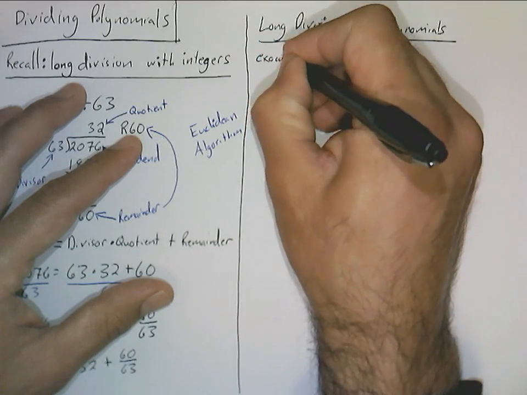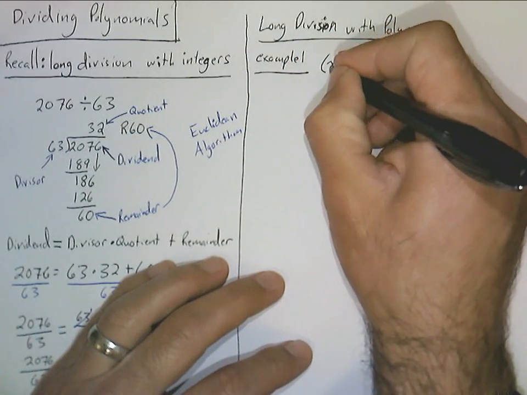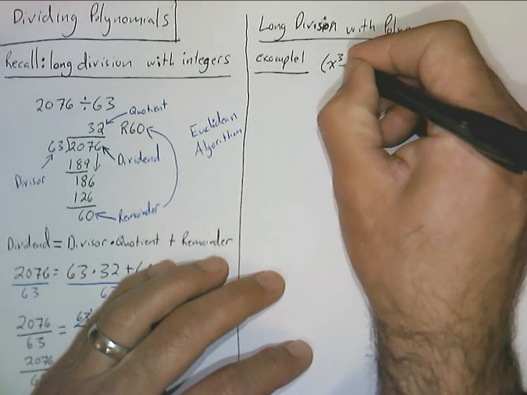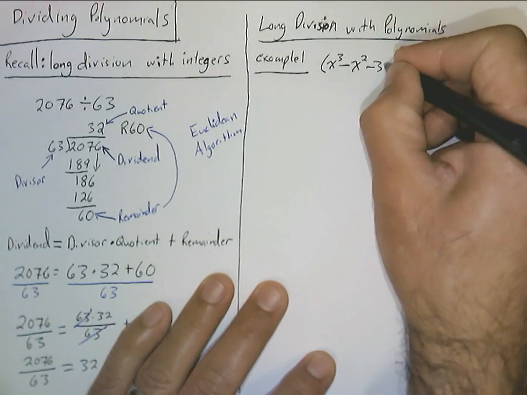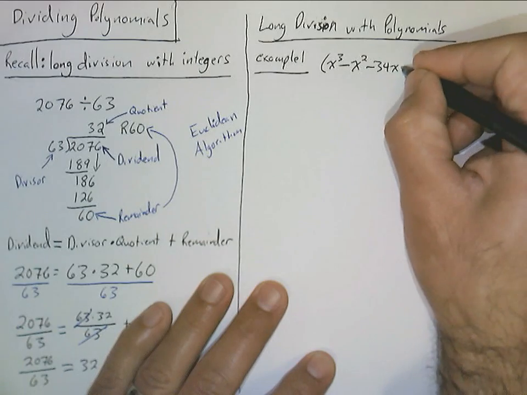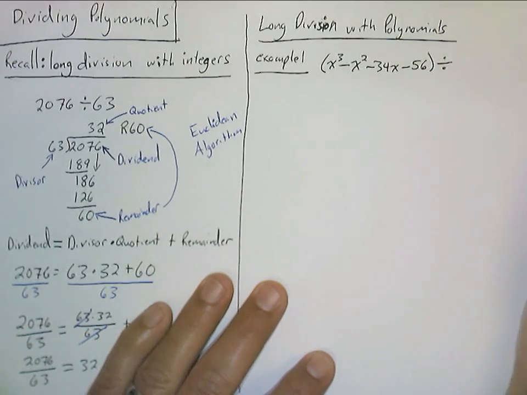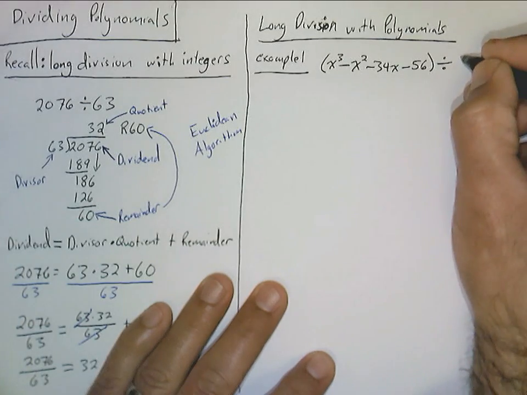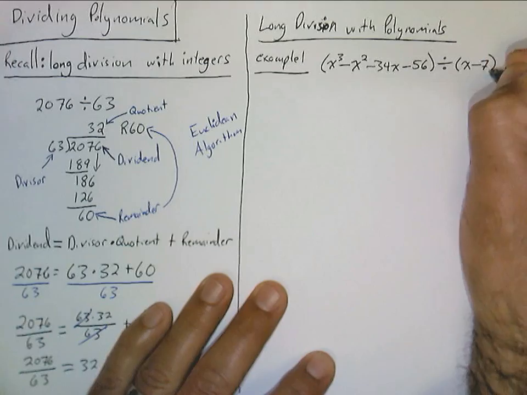Call it example 1. Let's try this. Let's say x cubed minus x squared minus 34x minus 56. We're going to divide that big thing by a smaller polynomial, x minus 7.